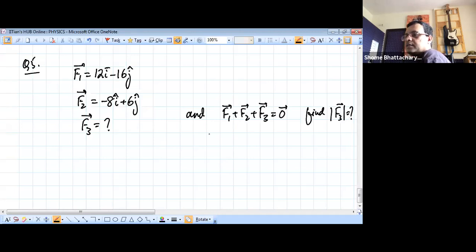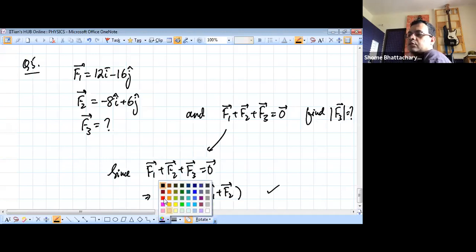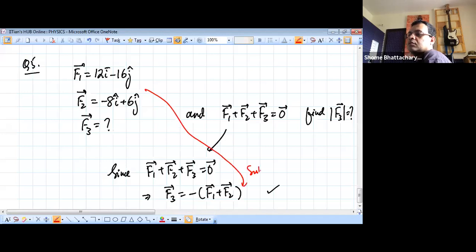Okay. So I'll just give you a hint on how to solve this. Since F1 plus F2 plus F3 is equal to 0, we can say that F3 is minus of F1 plus F2. Correct? This statement is clear. So now all you have to do is substitute these two values here.